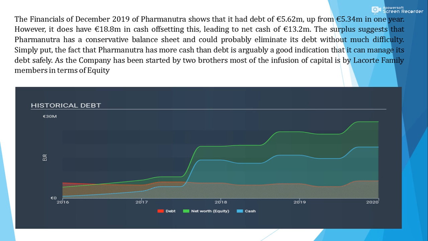Below this there is a historical debt chart, where you can see the debt is very minimal or maintaining its level, but the cash and net worth are growing, which is a very good sign that the company manages its debt safely.